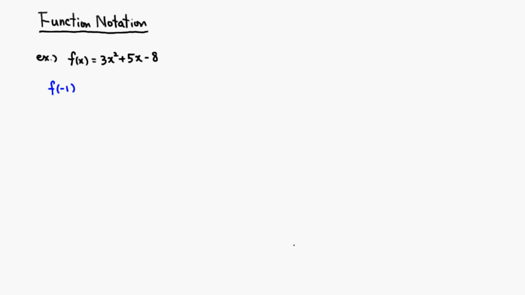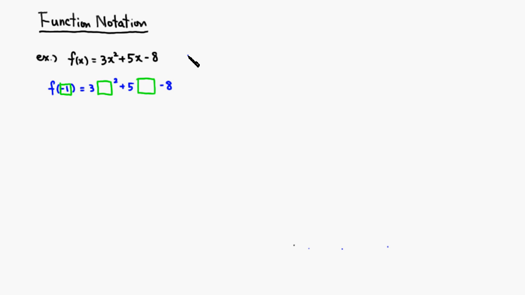So you have f of x. Here x is a placeholder, so I'm going to put an open box. Say you have an open box here. So this is equal to 3 times open box squared plus 5 times an open box minus 8.